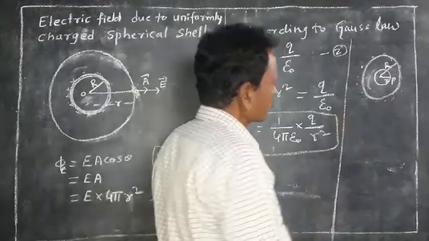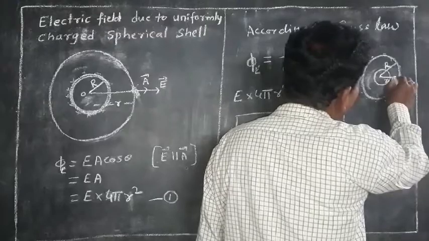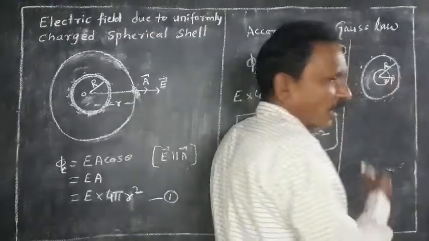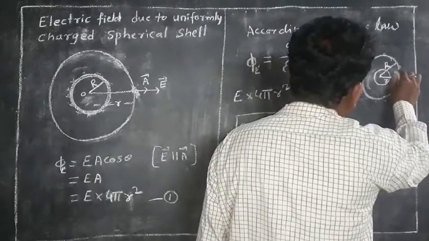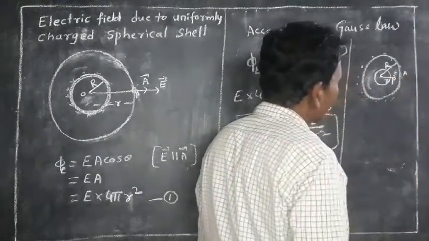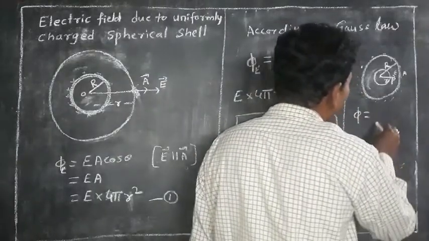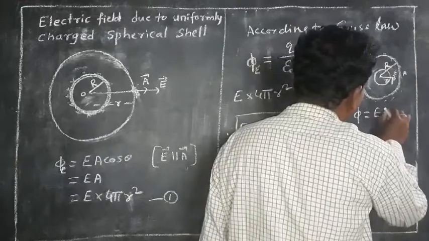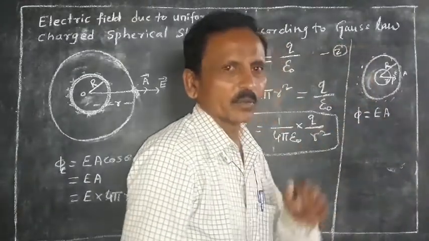Then what is the flux through this Gaussian surface? Here the electric field is directed away. The direction of E and the direction of A are the same. Therefore, flux phi equal to E into A. Here theta equal to 0, cos 0 equal to 1.